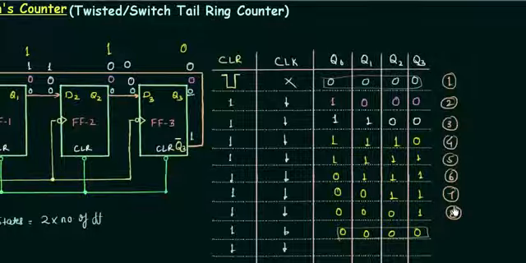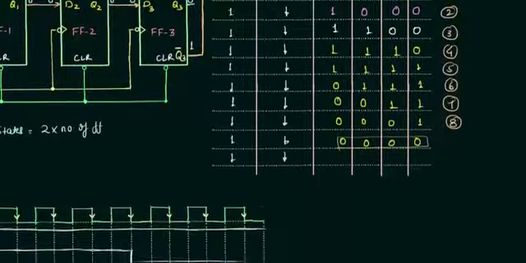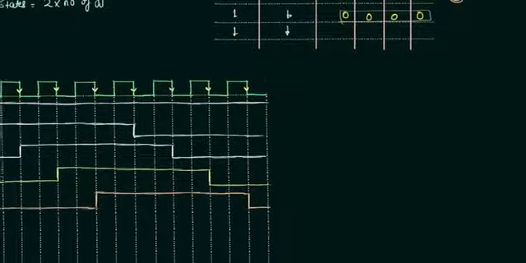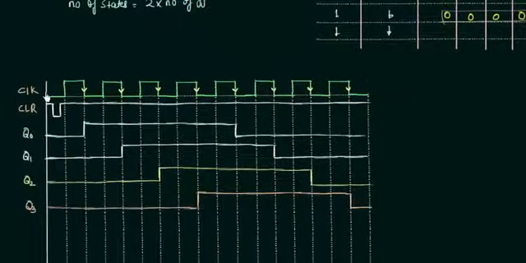This is one of the advantages, and you can easily prove it by the waveform. I have already made the waveform here. This is our clock that is given simultaneously to all the flip-flops, and this is the clear input. When the clear is low, we all know that the output of the flip-flop is also low. So Q0 is low for the first falling edge, then it goes high, and Q1 is low for the first falling edge, similarly Q2 and Q3.